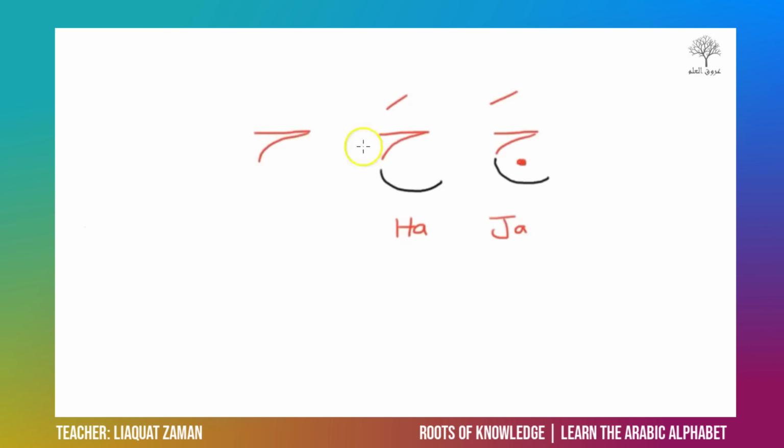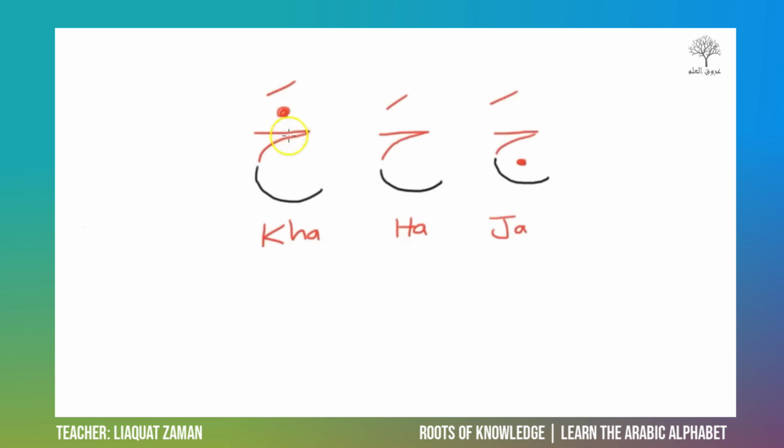Now, the redness on top, I'm deliberately doing that because when letters are cut, you'll find that the top part remains. The bottom part will be cut off, but the top part will remain. And that's how to remember and identify it. Okay, this has a dot on the top, and this is pronounced as kha, with a fatha on top.